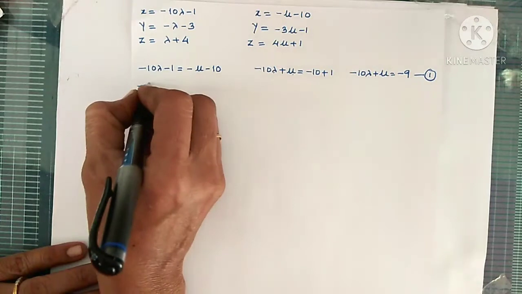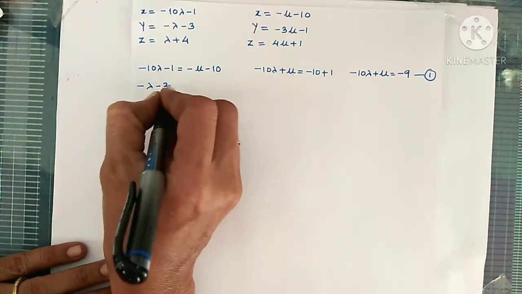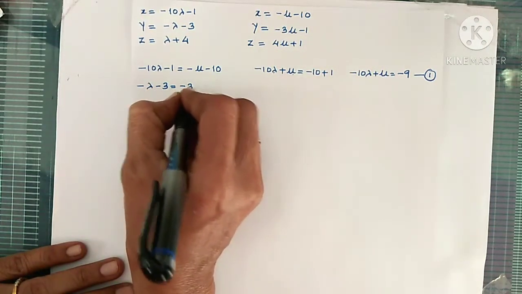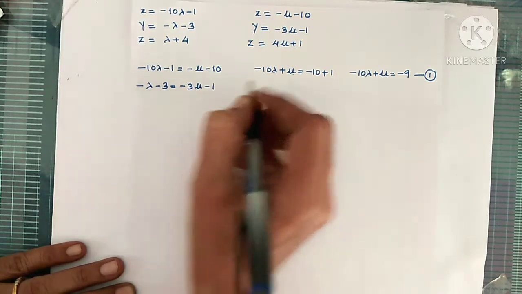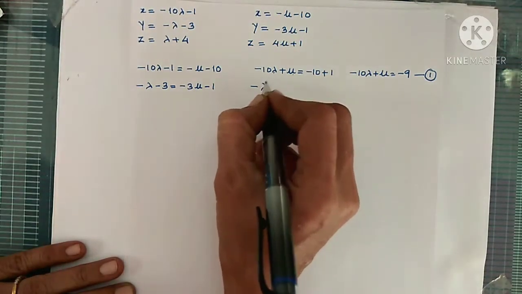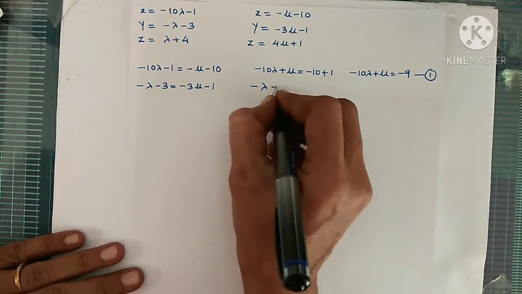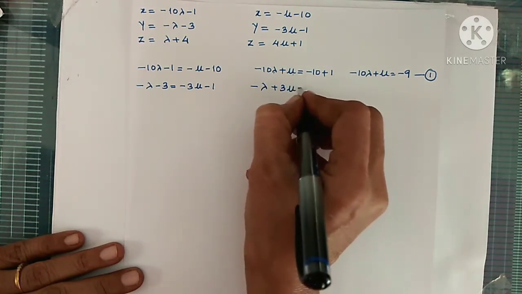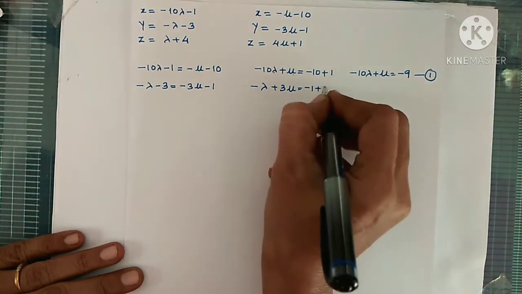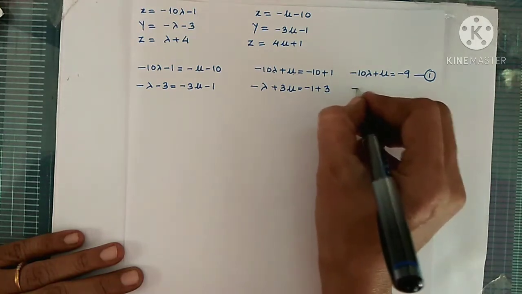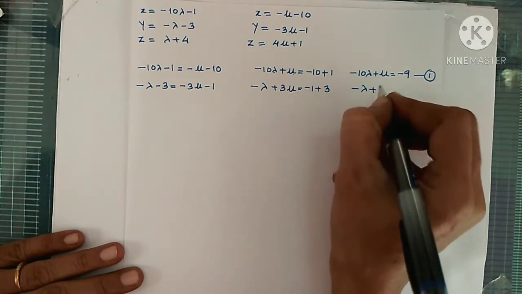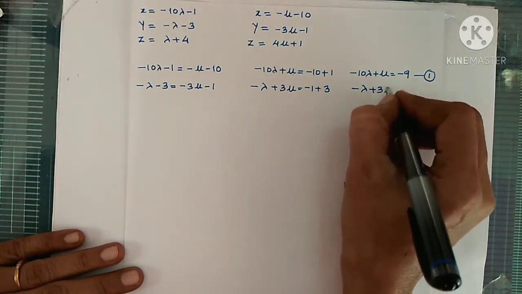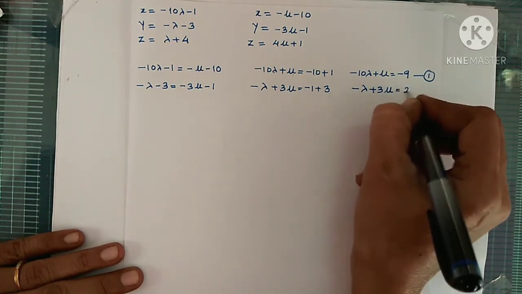Now equating the y coordinates, we have minus lambda minus 3 equal to minus 3 mu minus 1. So writing lambda and mu on the left hand side, we have minus lambda plus 3 mu equal to minus 1 plus 3. So the second equation in terms of lambda and mu is minus lambda plus 3 mu equal to 2.